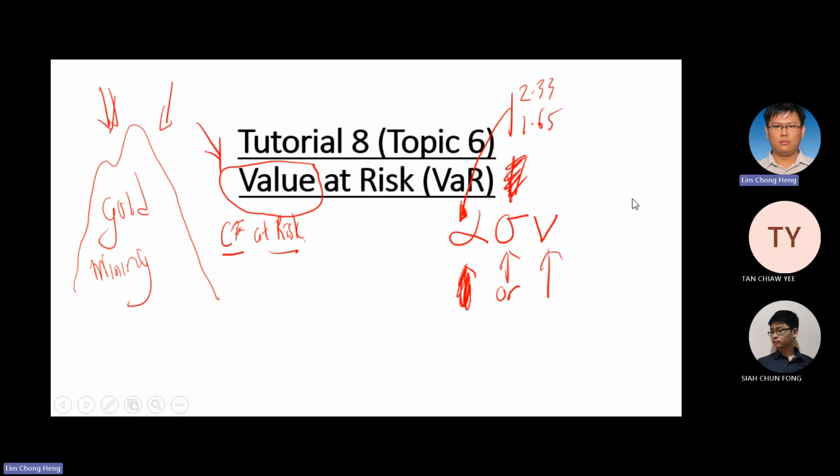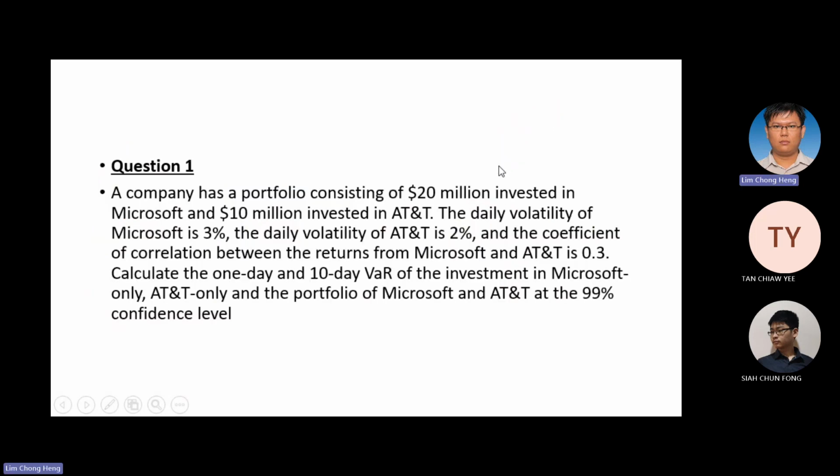Next week don't bond. I want to distribute back your midterm. Okay. For VAR, normally they will ask you to calculate 1-day VAR, 10-day VAR, or portfolio VAR. Normally they ask you this kind of question only.